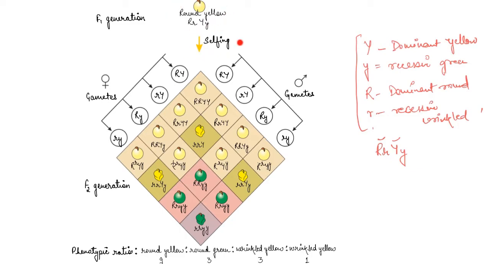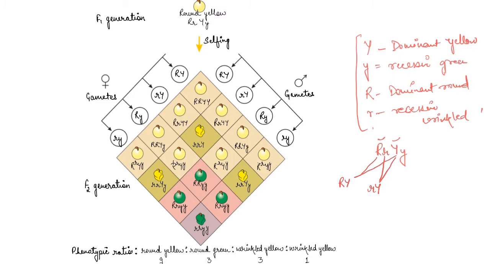Now you'll have to see all the combinations of these four gametes. So it can be, say, this and this. The first gamete formed will be this, and then you will form this with this, so the second gamete formed will be this.